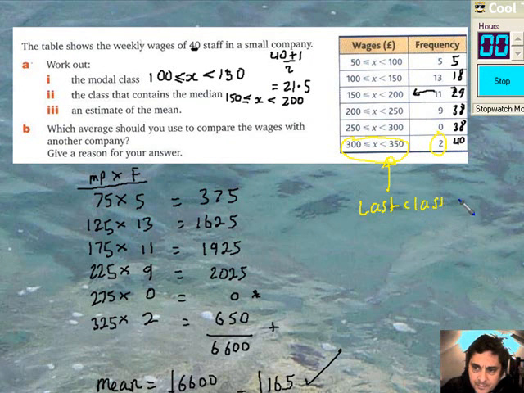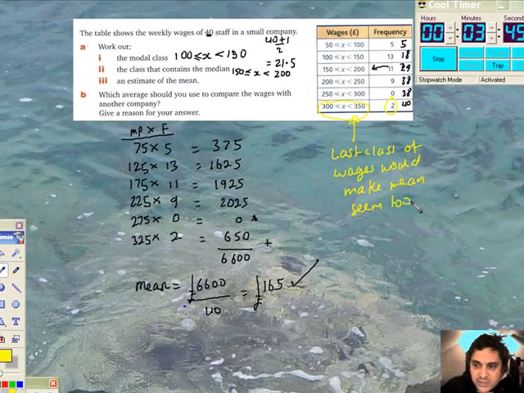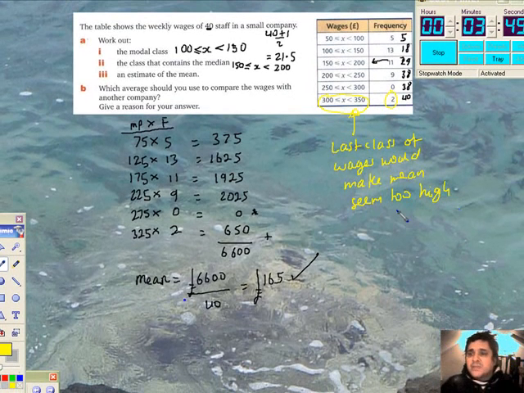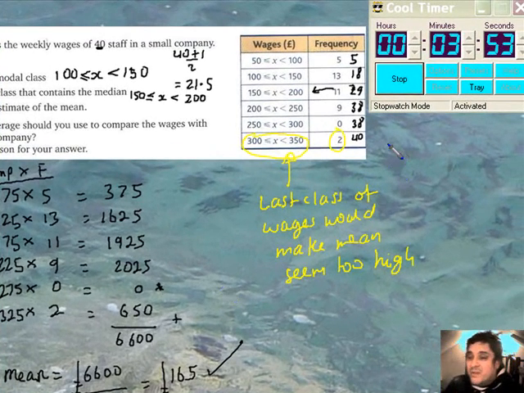The last class of wages would make the mean seem too high. Alright, so if you compare it with somebody else, avoid that last group. So therefore we can't really use the mean because of these two guys pushing the average wage up.